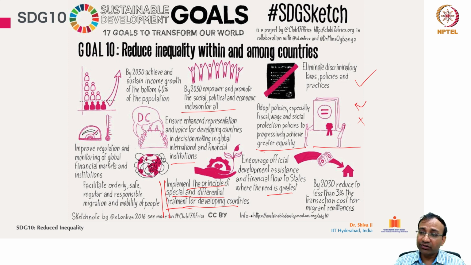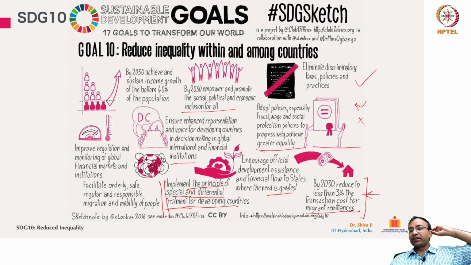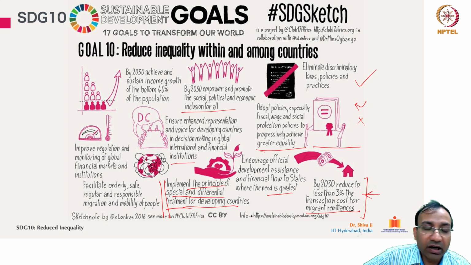By 2030, reduce to less than 3% the transaction cost of migrant remittances. If you see, a lot of these migrant people actually move to faraway places, or change their country or place of work, and they send back some money to their families in the form of remittances.